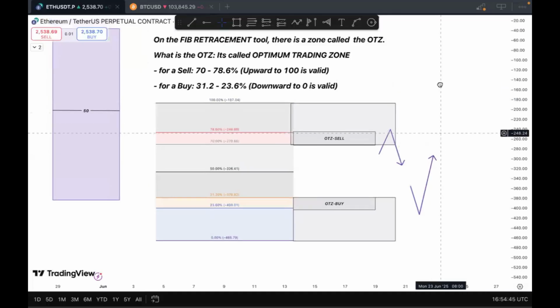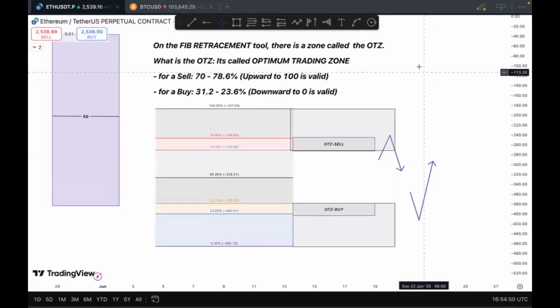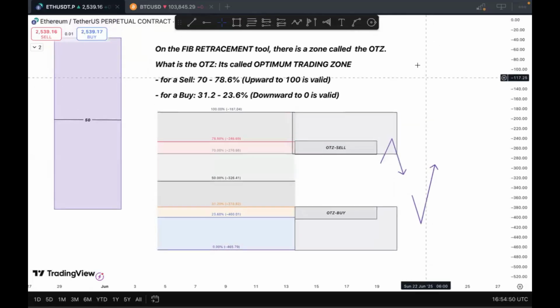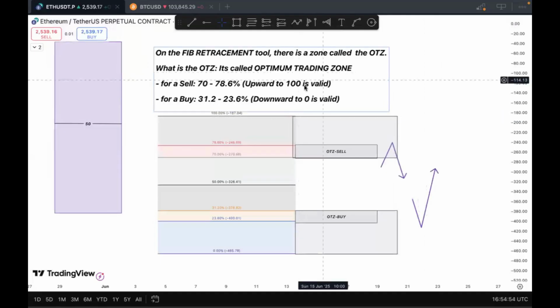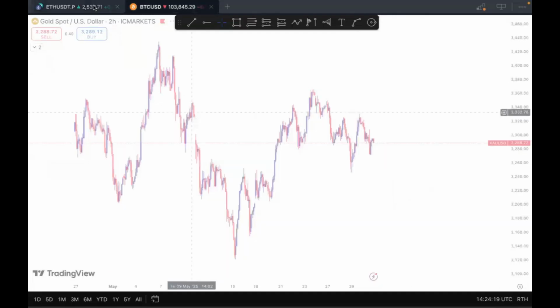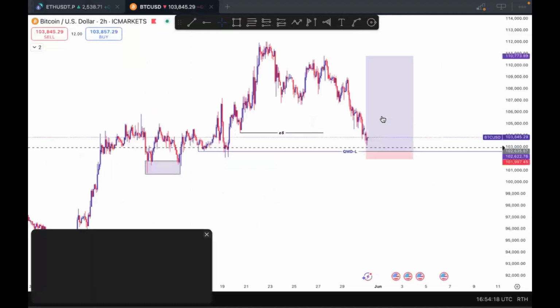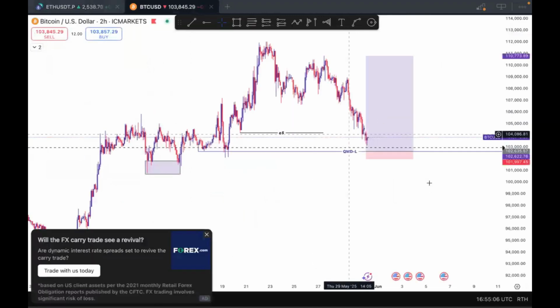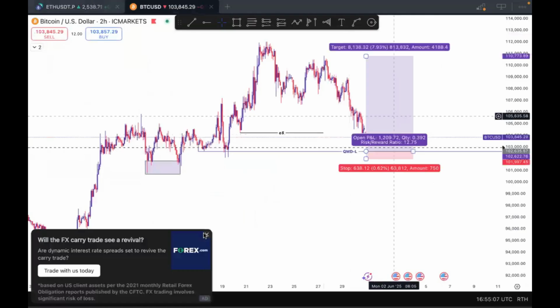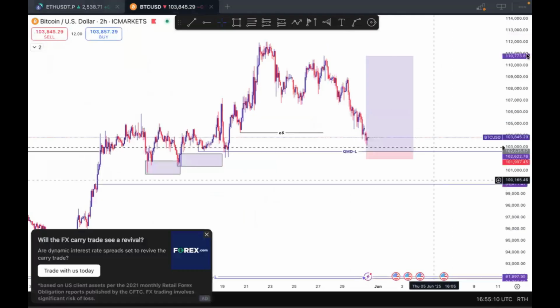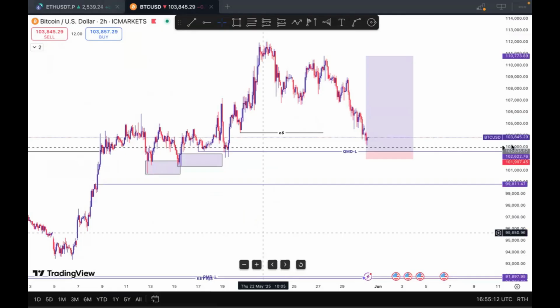Okay? So let's look for a pair. Let's look for GJ. Let's go to GJ. Okay? So I'm gonna be using GJ. So let's use GJ, okay?